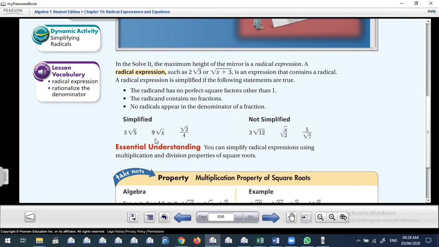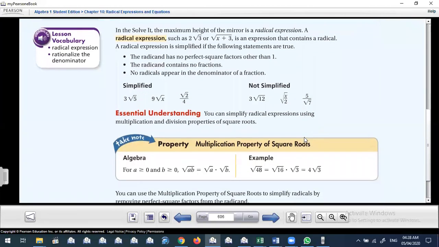These three expressions are simplified, but these expressions are not simplified. How can we know? We are going to solve more exercises to know the meaning of simplifying radicals.